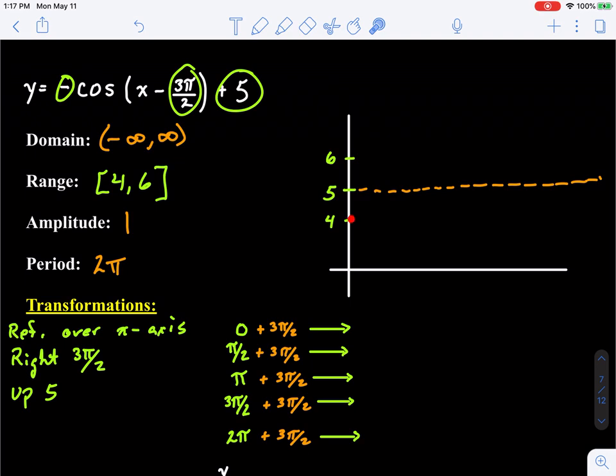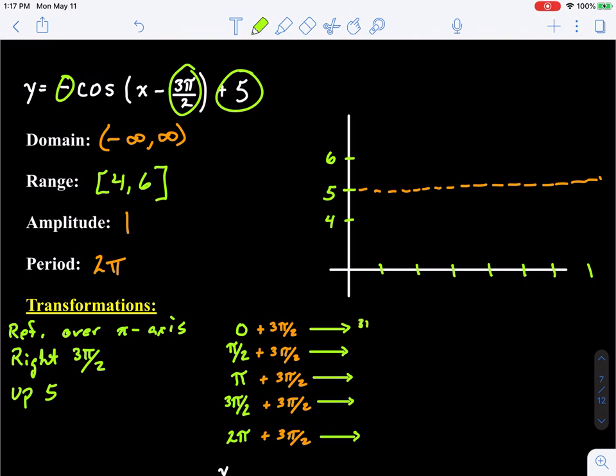Now, the normal x-axis values would be pi over 2, pi, 3 pi over 2, 2 pi, but our graph is being shifted to the right 3 pi over 2.